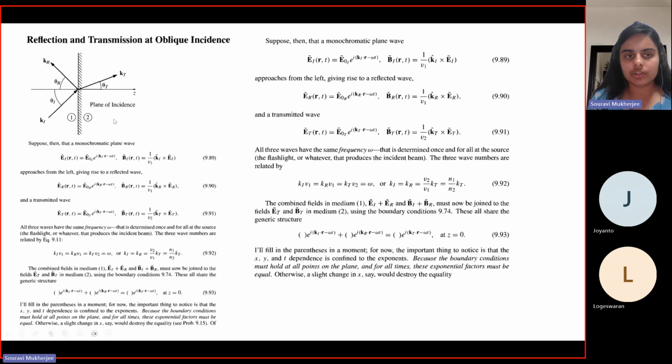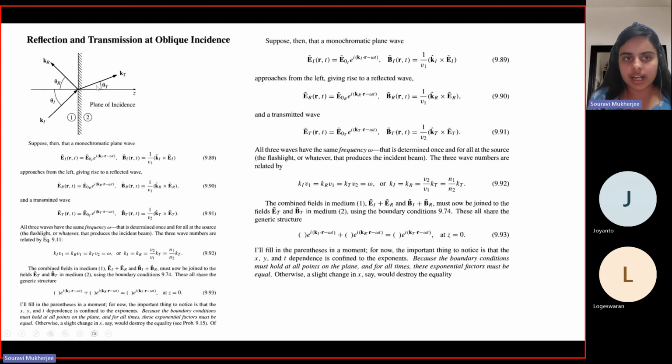So now the expression that we had just derived is for the case of normal incidence, right? But now if you have an oblique incidence, where there is some angle of incidence given as theta I, then there is an angle of reflection, and then you have an angle of transmittance, okay.